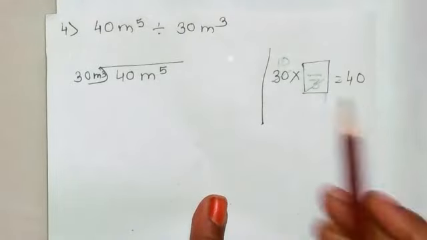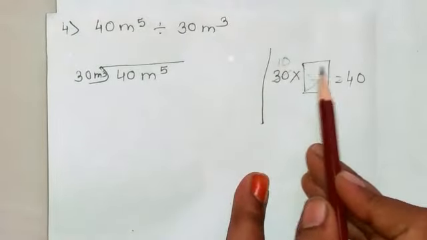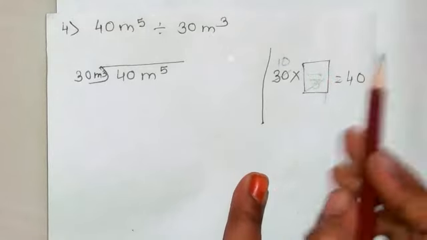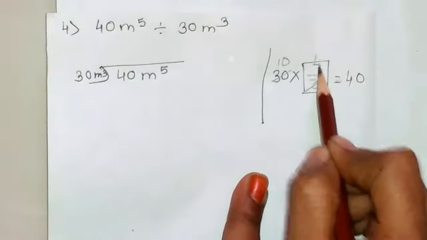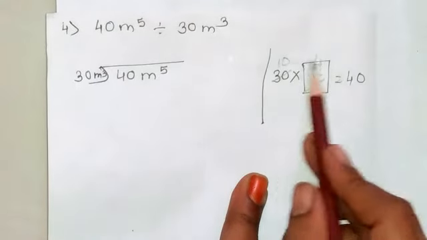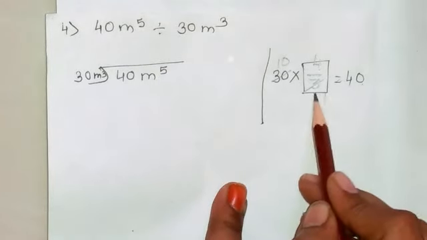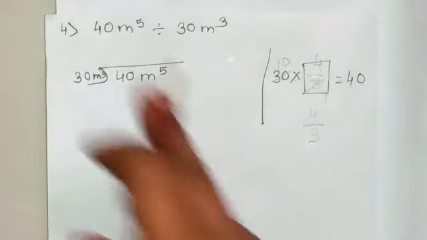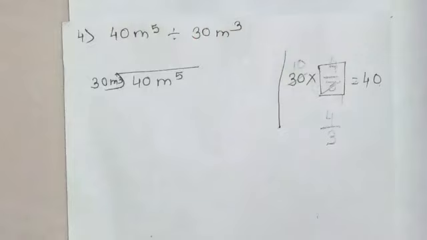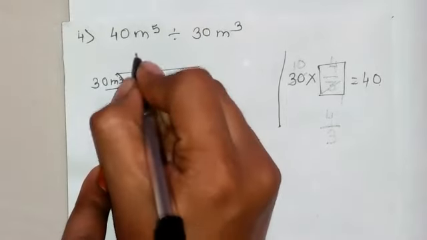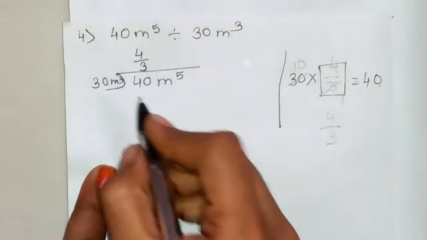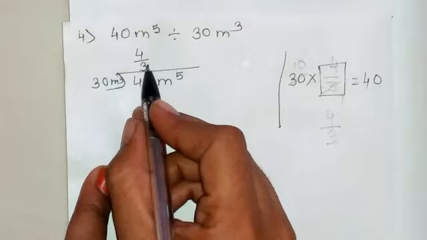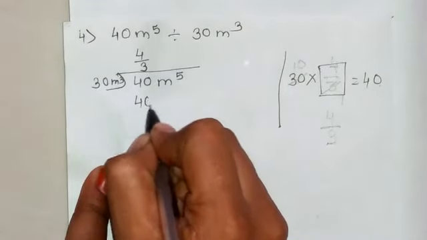So we have to multiply this 10 with a number so that we get the answer 40. If we write here 4, then 10 fours are 40. It means our fractional number should be 4 upon 3, which we are going to use here. Let's see. 30 into 4 upon 3, the answer will be 40.